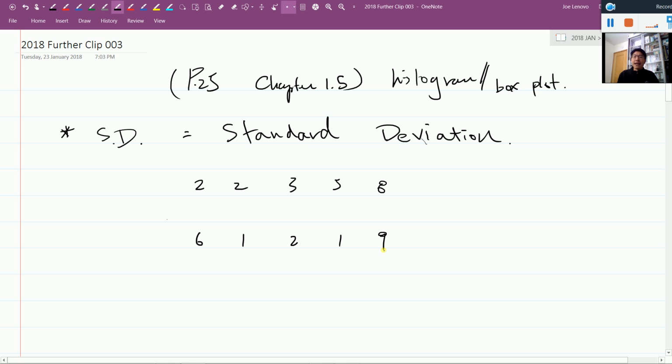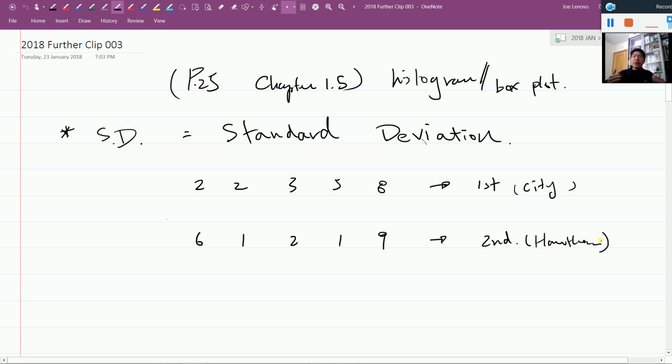You have 2 sets of data right in front of you. This is from the first school, and this is from the second school. Let's say this is a school from the city, and this is the school from Hawthorn.